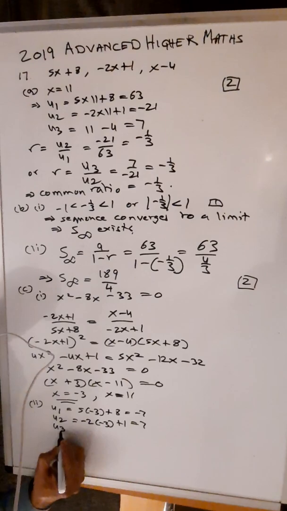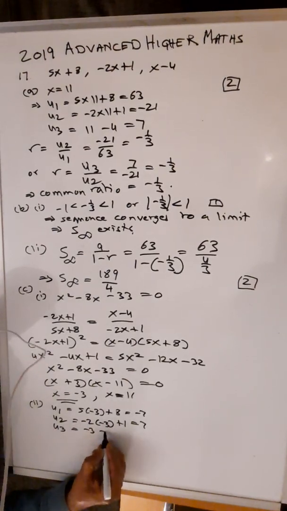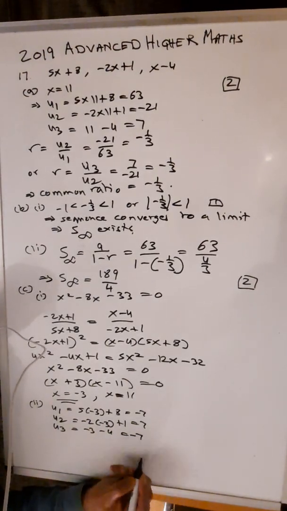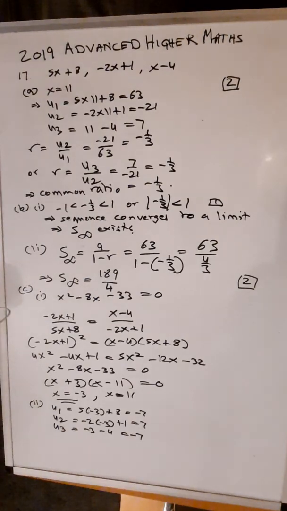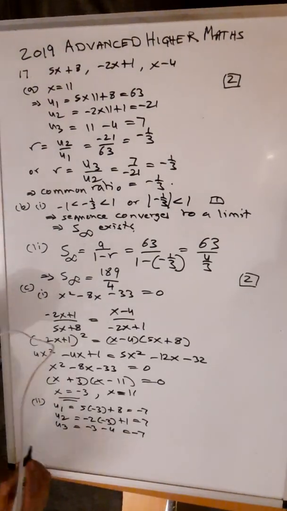And u3 is -3 minus 4, which gives you -7. So you've got -7, 7, and -7.